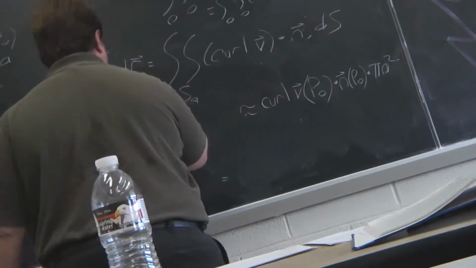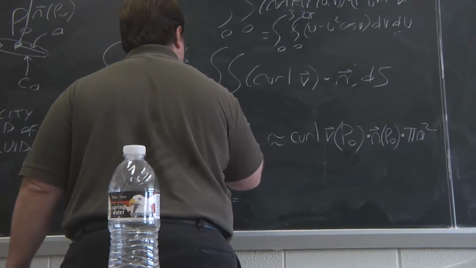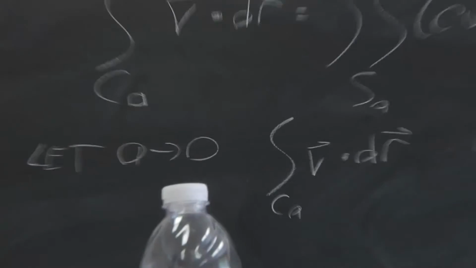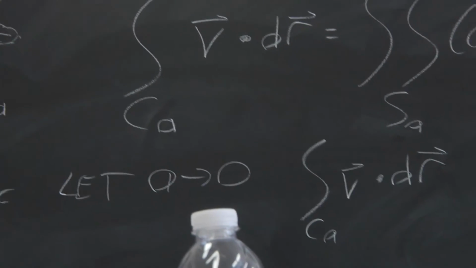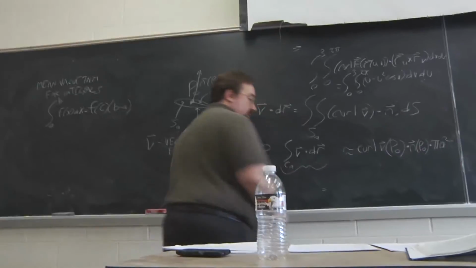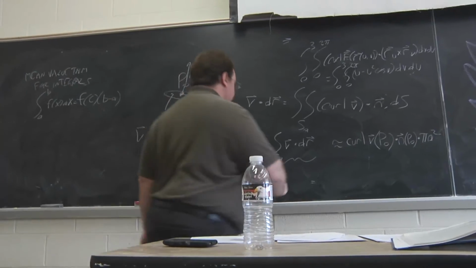So that's what you have on the right side. Now the left side I'm just going to keep as is for now, as a is going to 0. Now, this quantity here has a name.